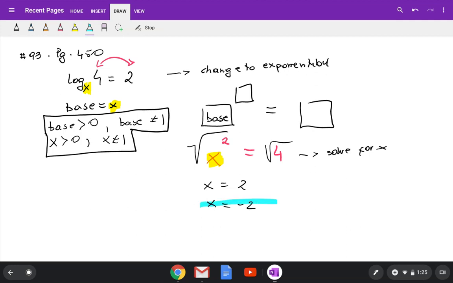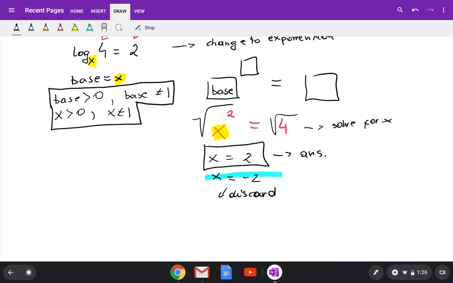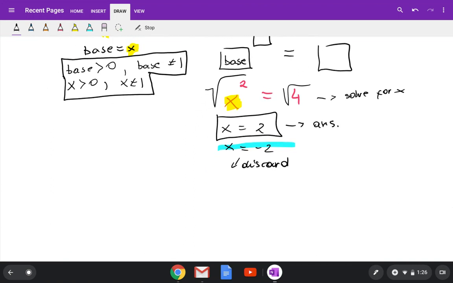Our x has to be positive, so we're going to discard this solution. We only have one answer: x equals 2 is our answer. It's very important, especially with logarithmic functions, that you watch for extraneous solutions.